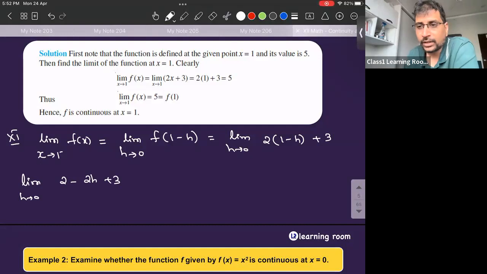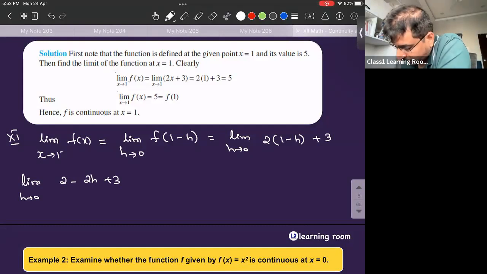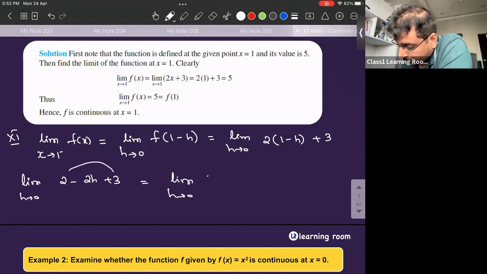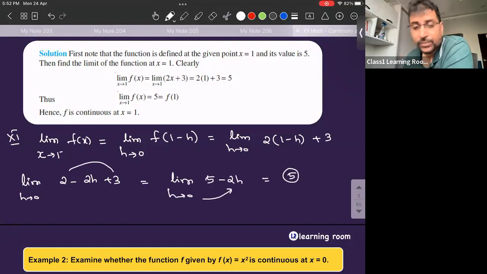Okay. Is that point clear? It is going to be 2 minus 2h plus 3. So what will it be? Limit h tends to 0, 5 minus 2h. Now if you substitute this, the answer will be 5. Right. Similarly, you need to do for limit x tends to 1 plus and then follow the same procedure.